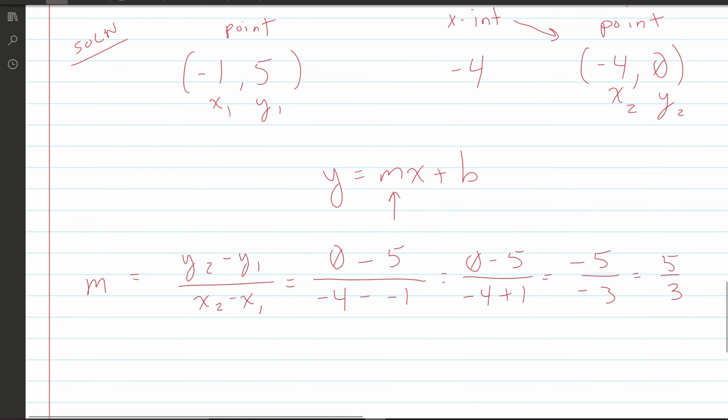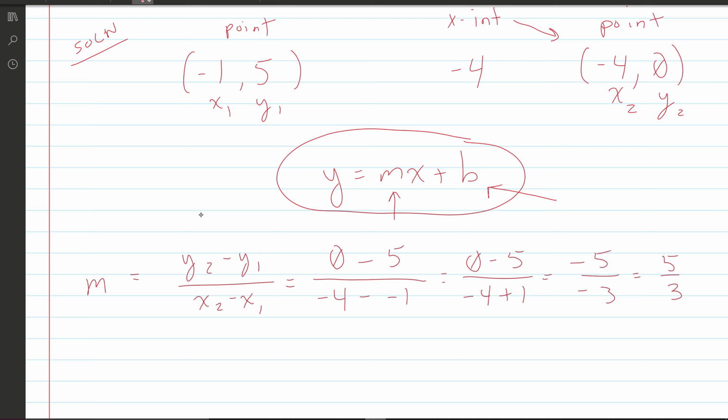Our slope is 5/3. And we also have an x-intercept and also a y-intercept. Well, in y equals mx plus b form, we also had a y-intercept, right? That b value is the y-intercept. We could do this 2 ways.